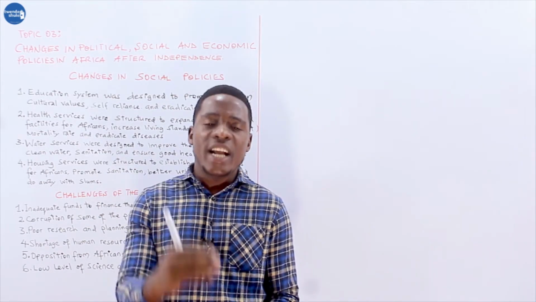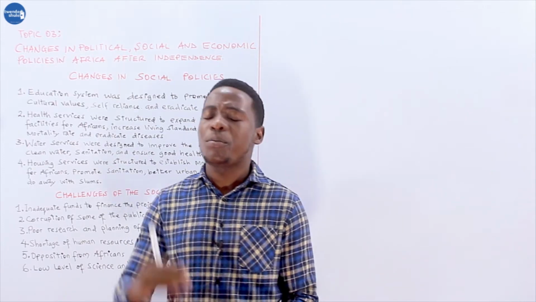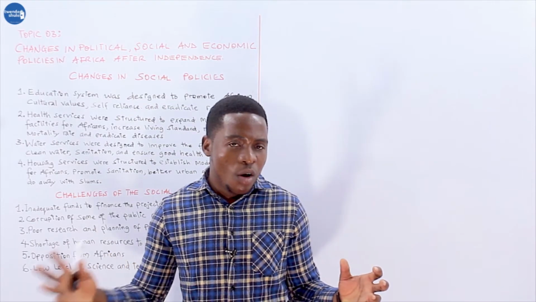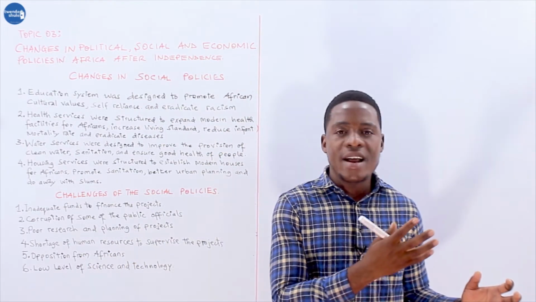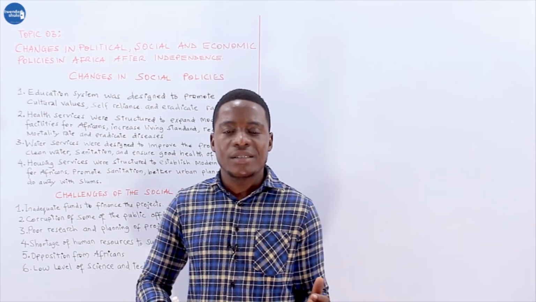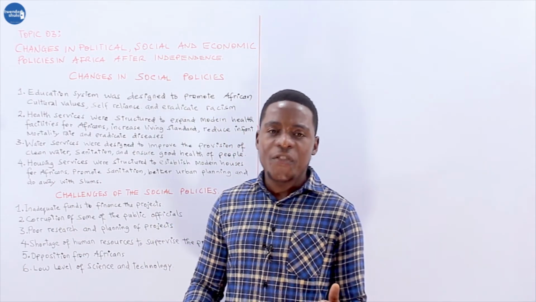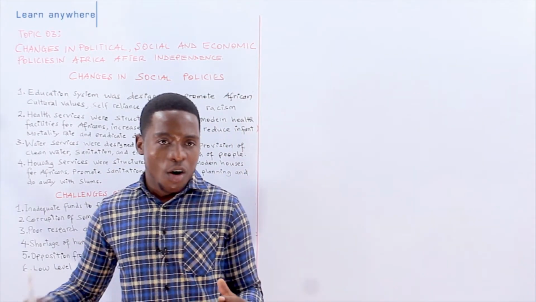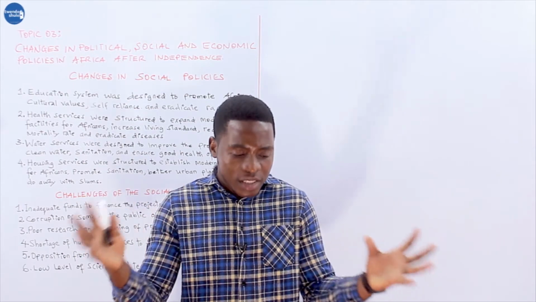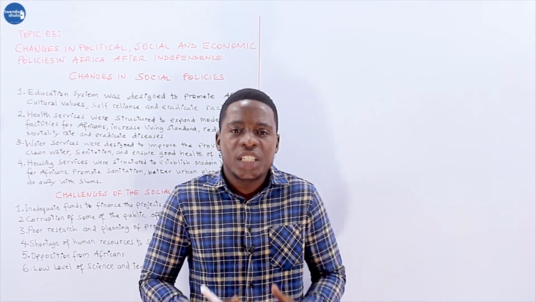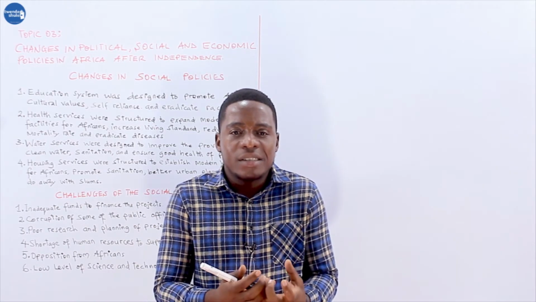But also we were to eradicate racism in the provision of social services. Remember during the colonial time, only whites had access to education, followed by the Indians or Asians. Then Africans were the last people to be provided with education. Only the sons of chiefs were given an opportunity to have education.